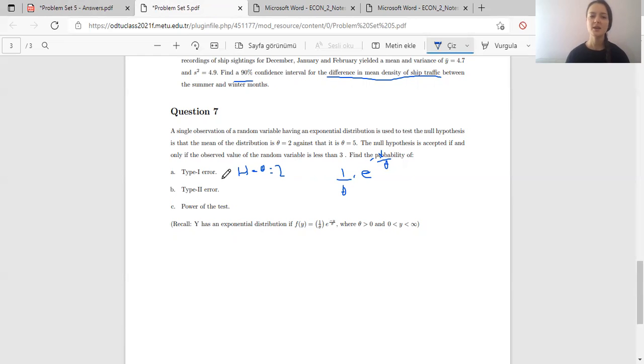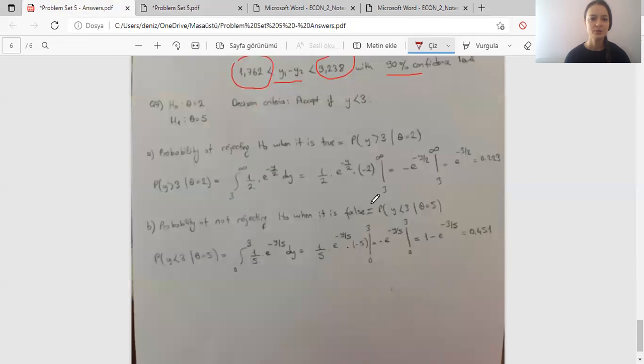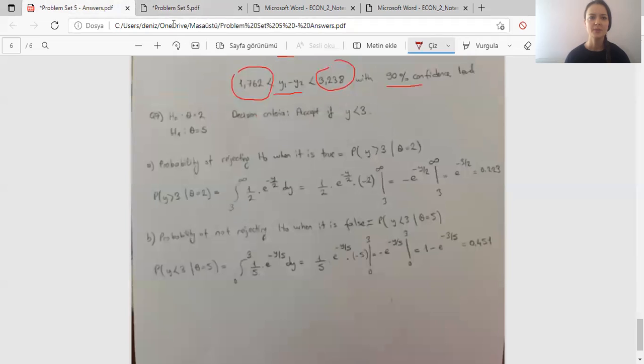Now, in part A, we need to find a type 1 error, which is failing to reject the null hypothesis when it is wrong, okay? So we need to find x less than 3, but our actual theta should be 5, okay? So in order to find this probability, what are we going to do?